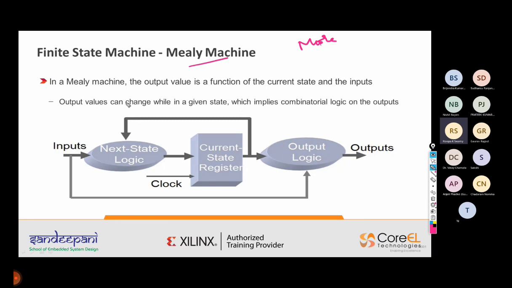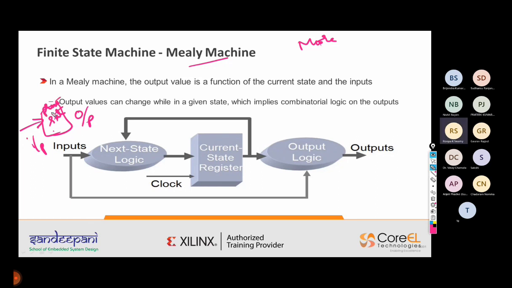Let's understand that. Before getting into the Mealy state machine, when I consider a sequential circuit, it is a circuit where the output depends not only on the current inputs, but also on the previous state of the machine.